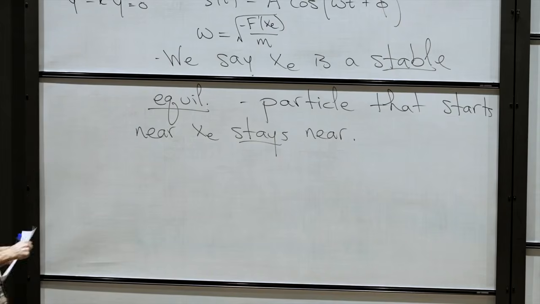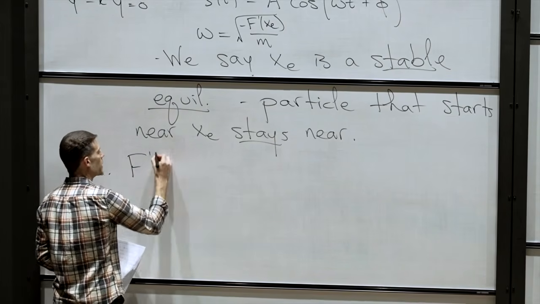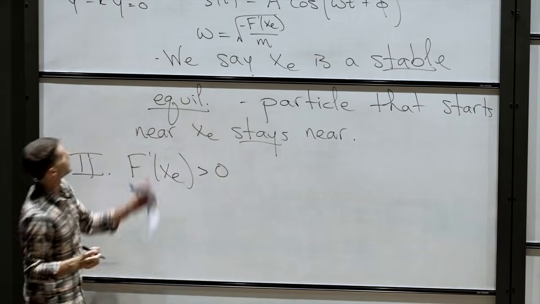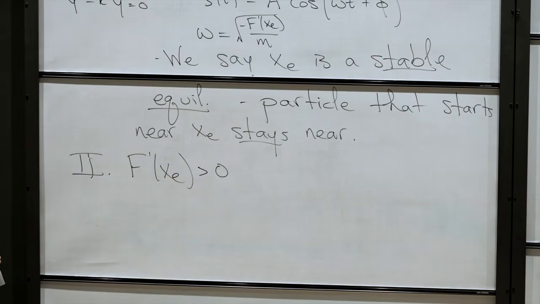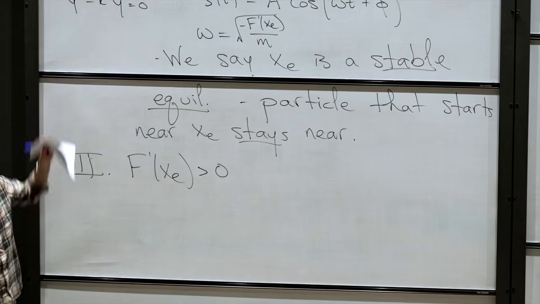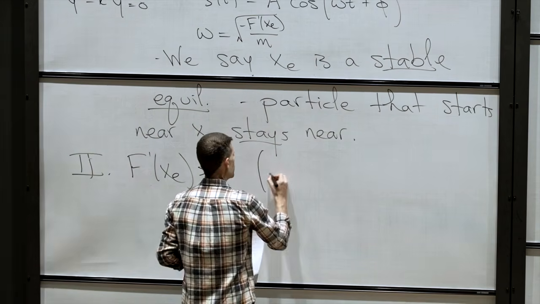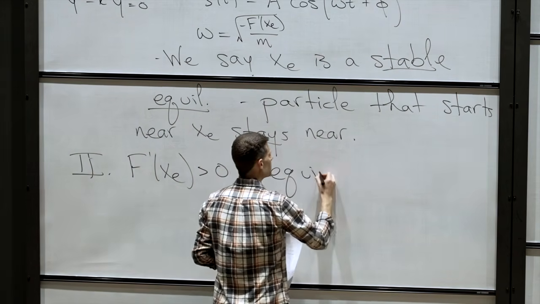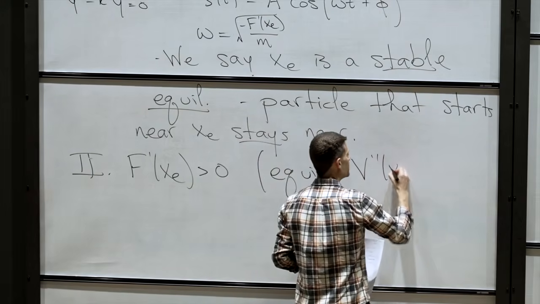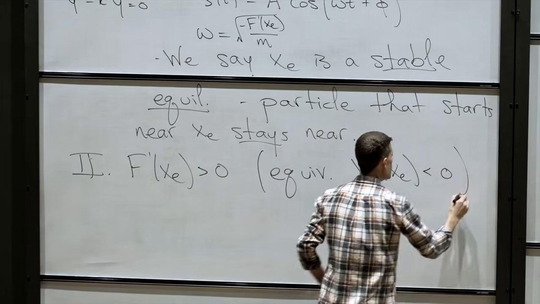And the other case, of course, is just the opposite. So if f prime at xe is positive, that means I have a positive times psi on the right, which is a negative on the left. Psi is exponentials. And let's also note that that's equivalent to V double prime at xe being negative.